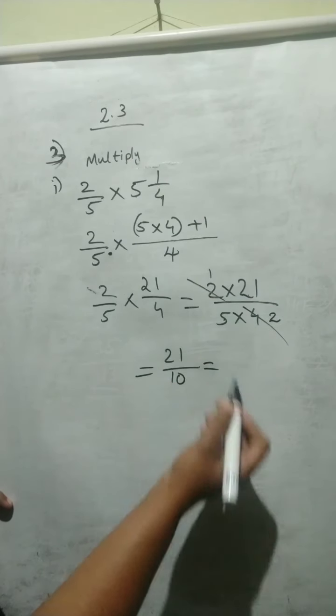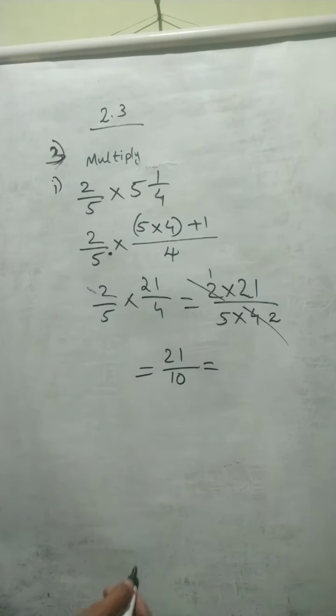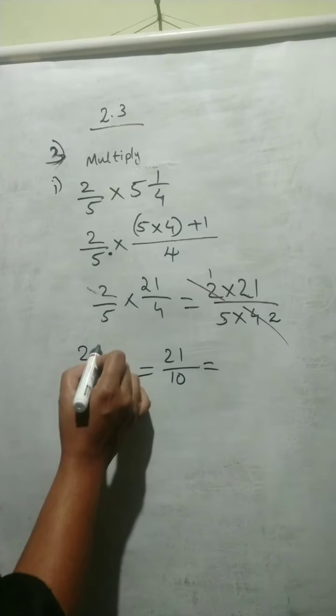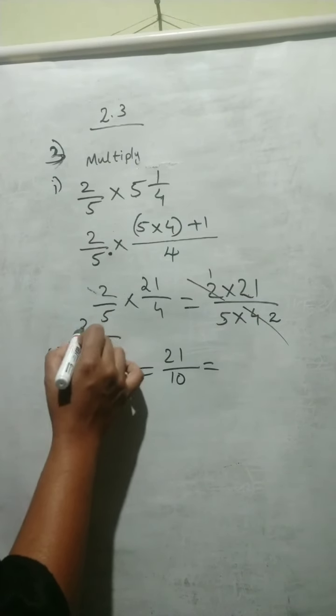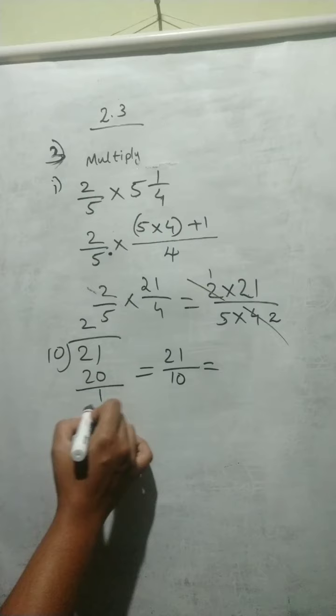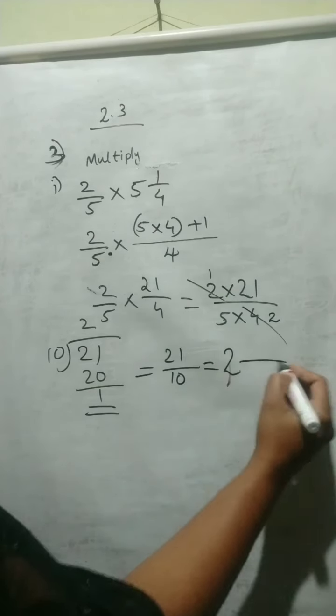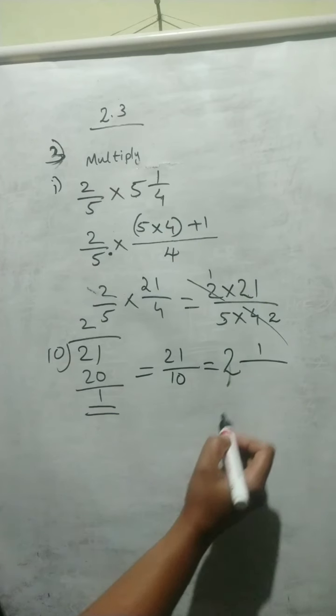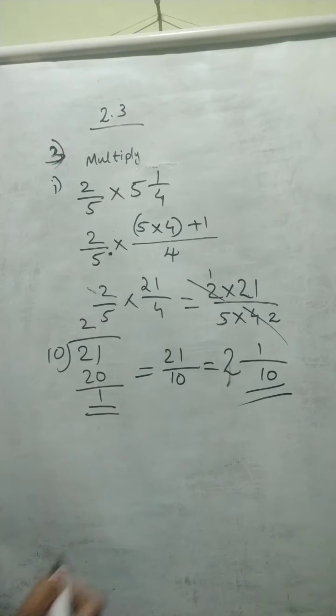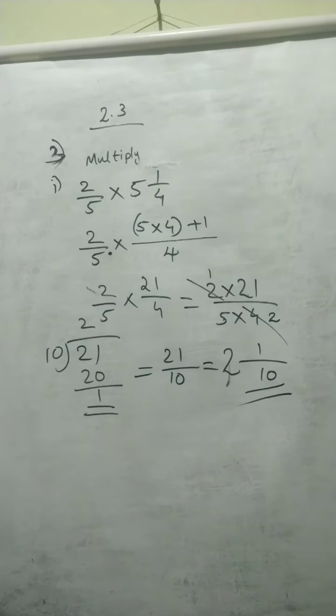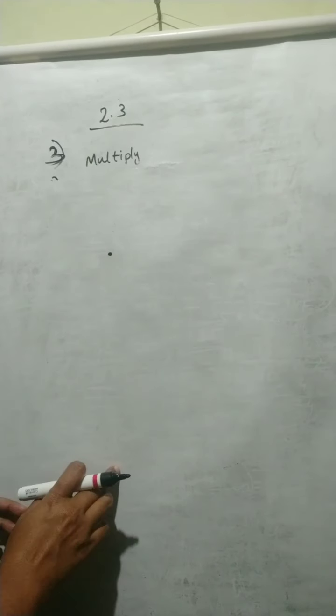So how can we write this one in the form of mixed number? That is 21 divided by 10. 2 tens are 20. So remaining 1. So 2 whole number and 1 numerator, 10 is the denominator. Okay. Next question.